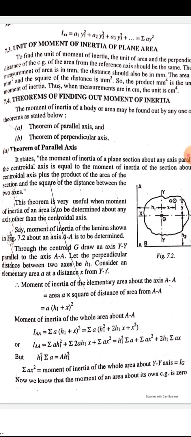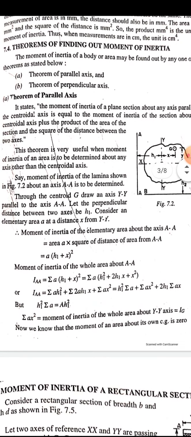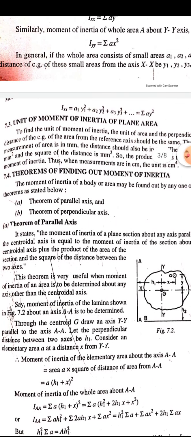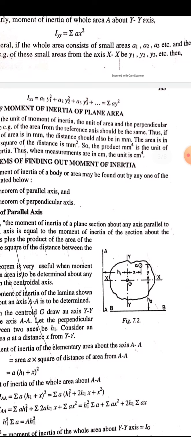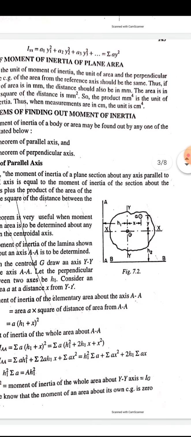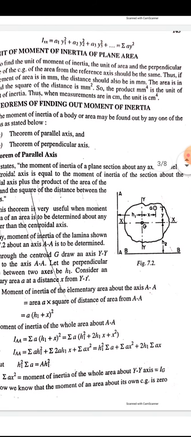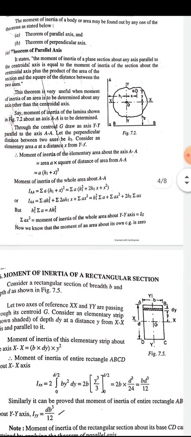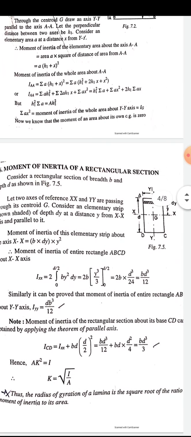Theorem of parallel axis, other is theorem of perpendicular axis. এটা শুধু একটু দেখে নিলেই হবে, জাস্ট ফর্মুলাটা আমরা মনে রাখলেই মোমেন্ট অফ ইনার্সিয়াটাকে ফাউন্ড আউট করতে পারবো। ঠিক আছে, very important topic.